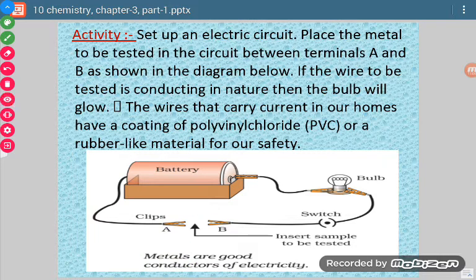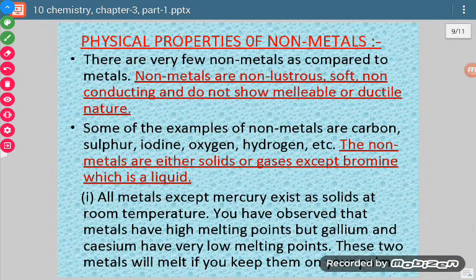Okay, now physical properties of non-metals. When we talk about non-metals, whatever properties we discussed for metals are not seen in non-metals. Non-metals are non-lustrous, they are soft, they are non-conducting in nature, and they do not show malleability or ductility.